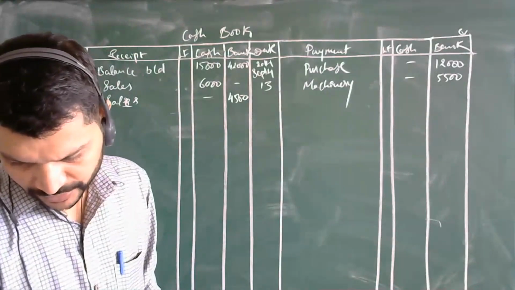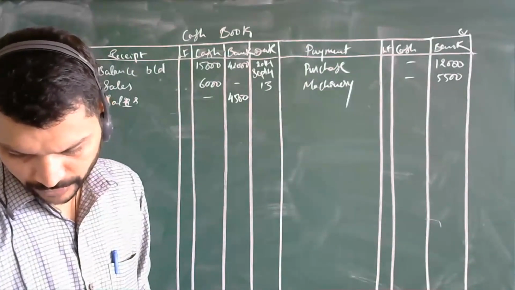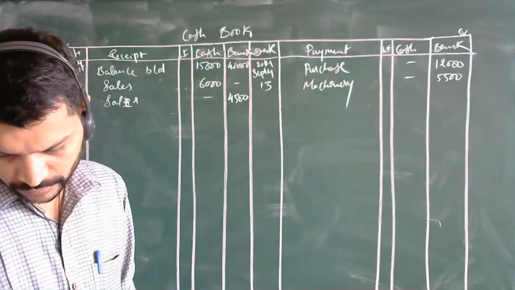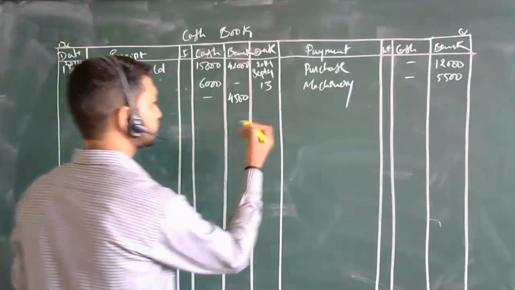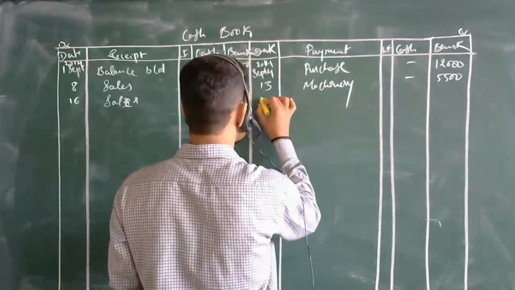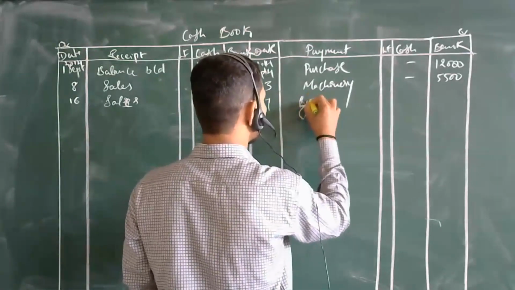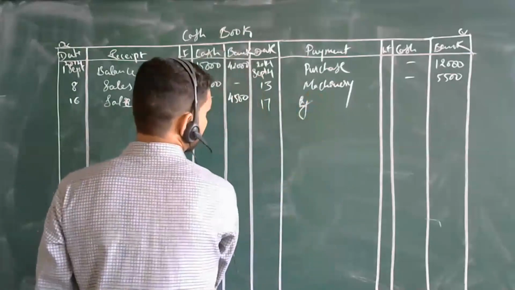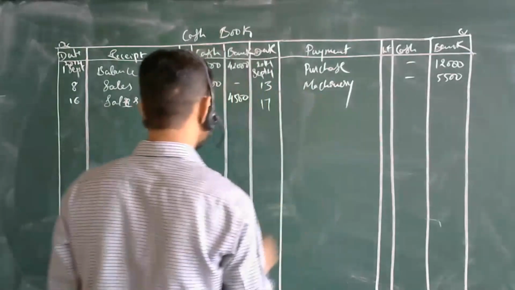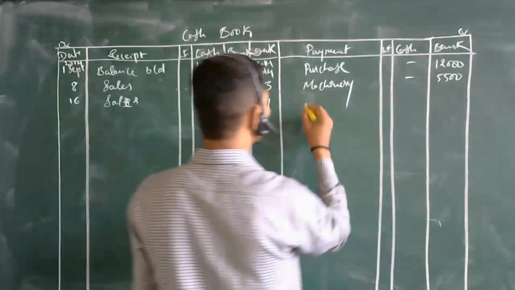Next, on 17th, purchased goods from Mayur in cash. This will be purchase directly. What is the amount over here? Is this for cash or bank?